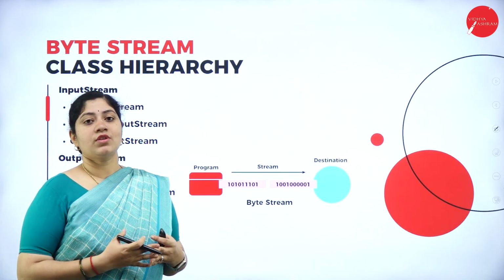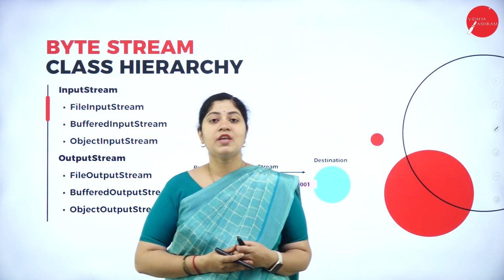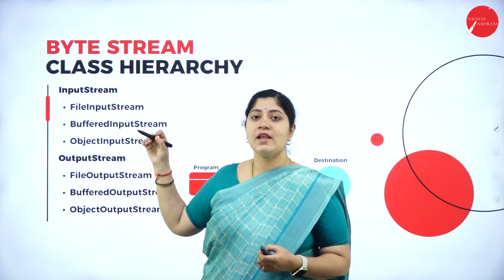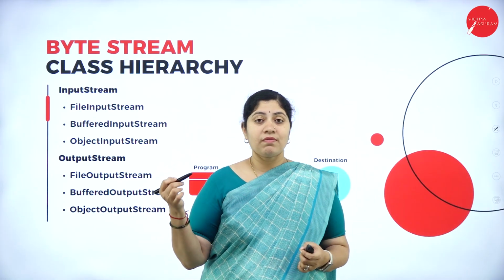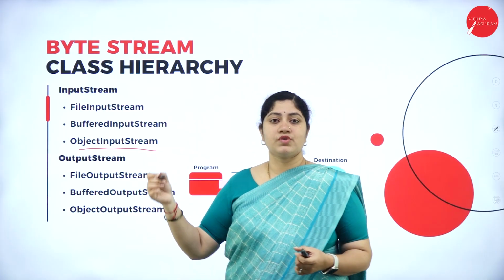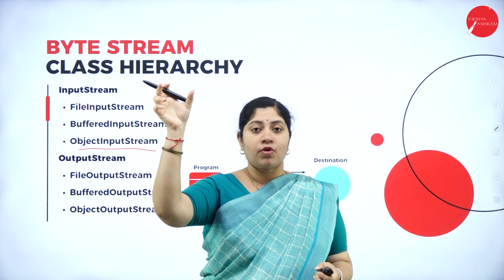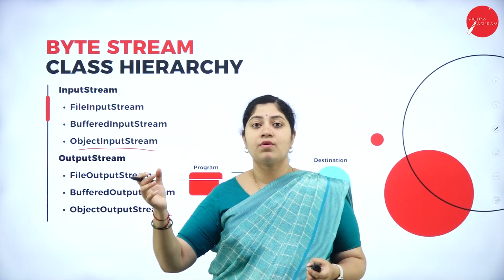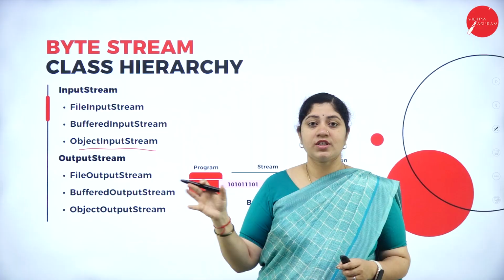The hierarchy with respect to input byte streams is: the first priority is given to a simple FileInputStream. Next comes the BufferedInputStream, and later the ObjectInputStream. Initially the priority is for a file, then the buffered input stream, and then the object input stream.